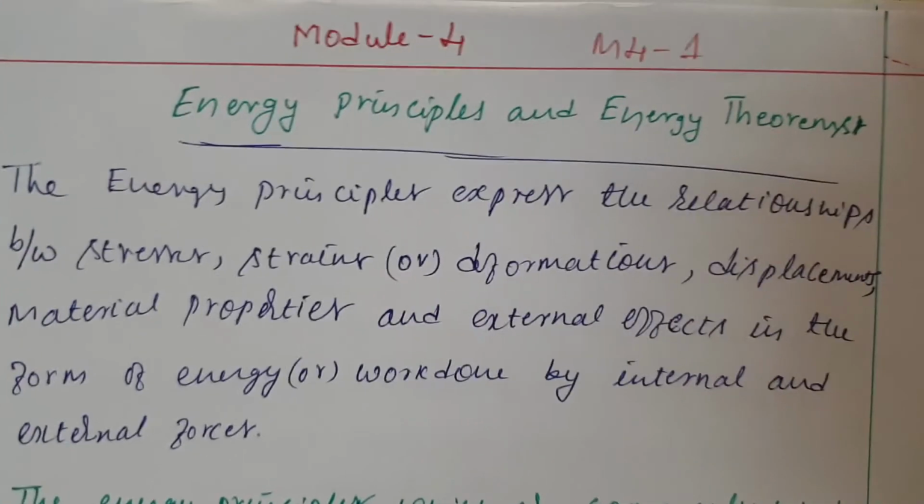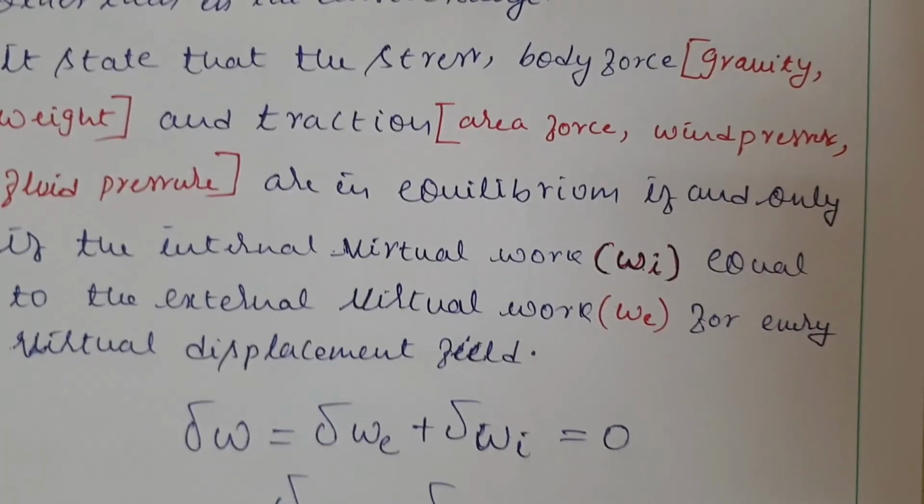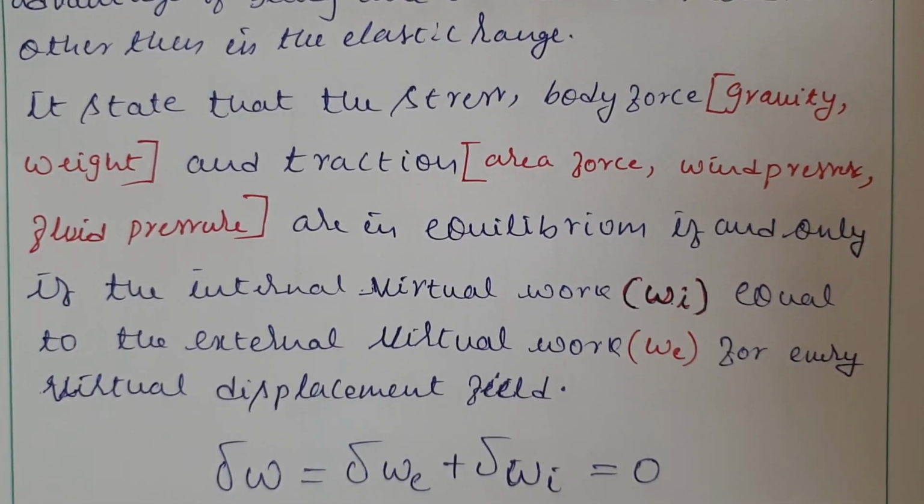And the statement is as follows. It states that stresses, body forces, which are nothing but gravitational force, the self weight of the object, and even forces like area forces, wind pressure, fluid pressure, all these will be related.